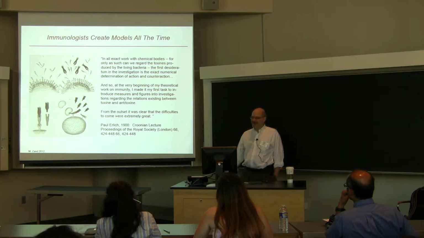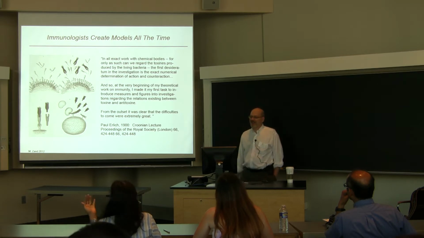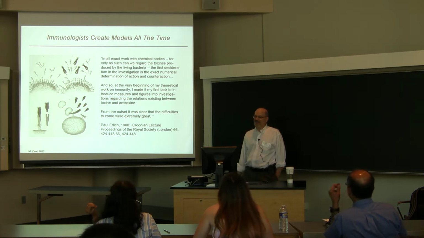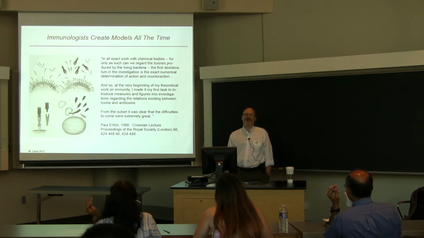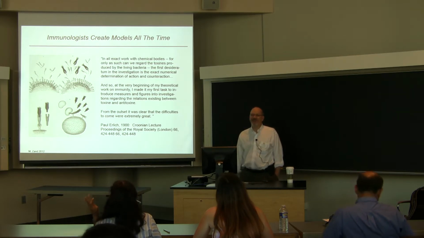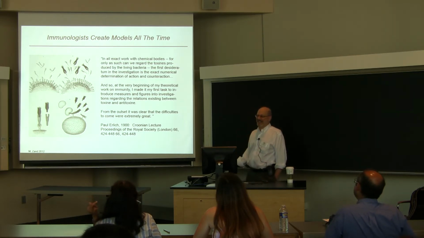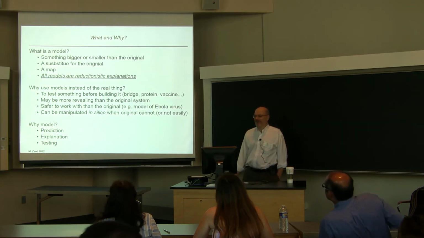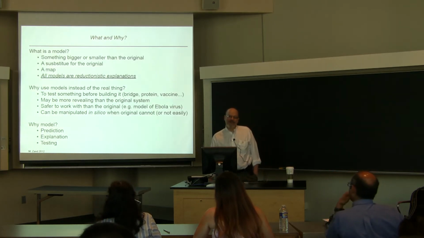And then he gives us the punchline, which is true today as it was back then: from the outset, it was clear that the difficulties to come were extremely great. And I think what he meant was that quantifying things in biology is not easy, but you need that quantitation for modeling.